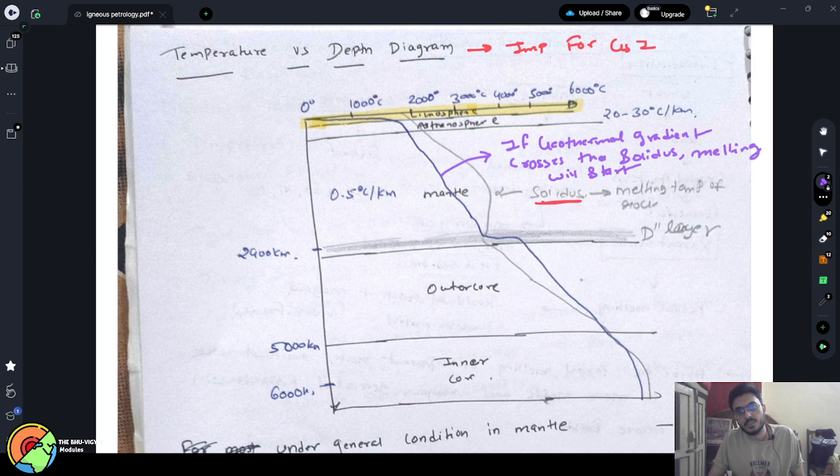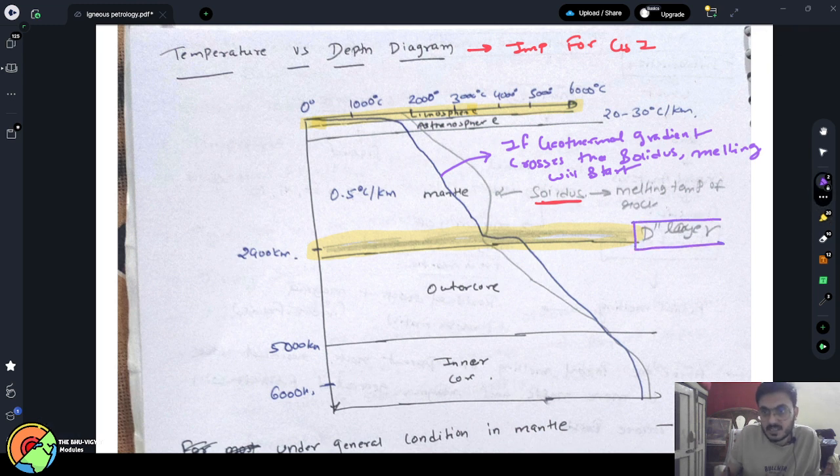This solidus curve is for the crust, this is for the asthenosphere, and the same for the outer core here. So here you can see in this portion, this D double dash layer portion, your geothermal gradient is crossing the solidus curve. So the D double dash layer produces most of the magma.